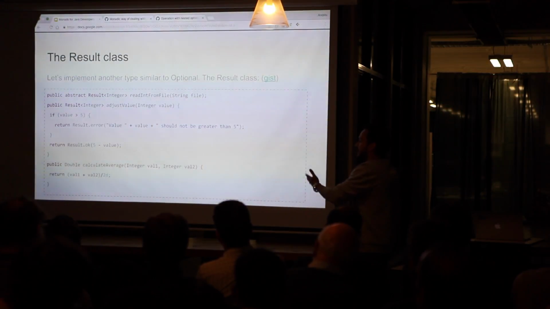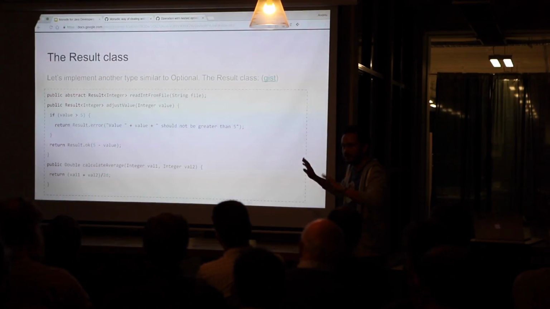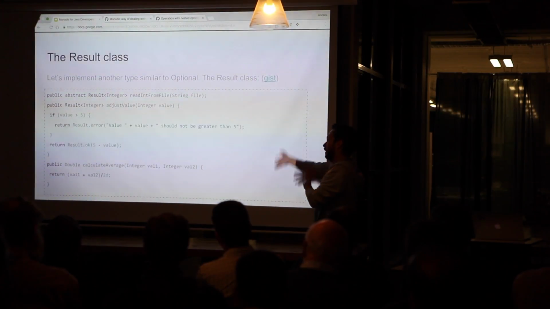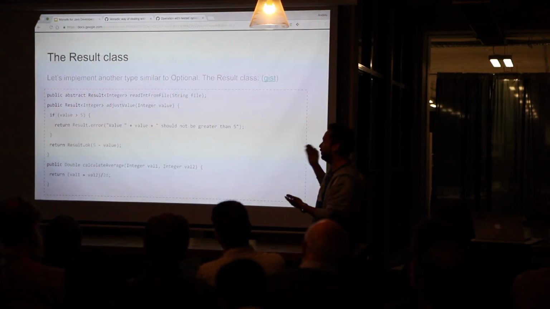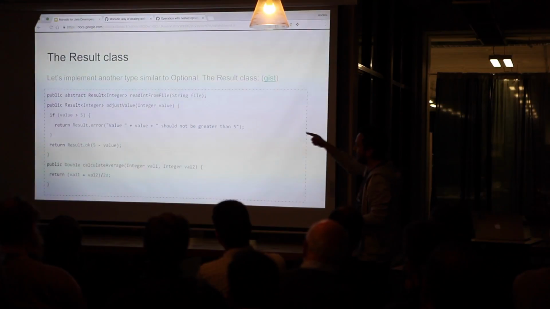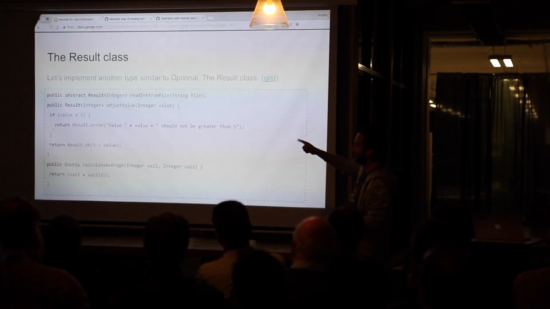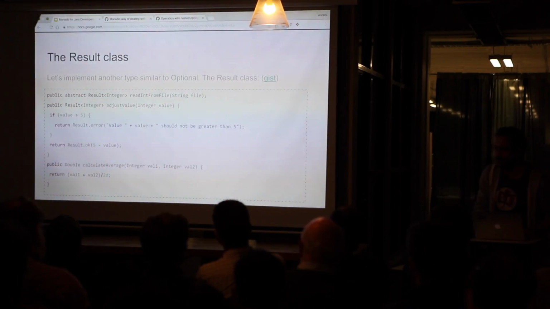There is no way it can fail unless integers are null, but we'll never put nulls in integers, so there's no need to return a result. It can return a straight value, double, right? So we will use these three methods: read int from file, adjust value, and calculate average. And then we'll see how we go.